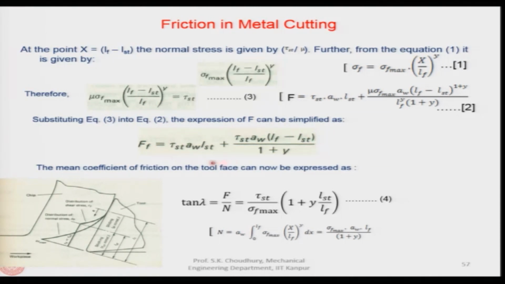So, this value of F we are putting in here, and that we are dividing by the value of N which we have obtained from here. So, this will give you the tau st divided by sigma f max and 1 plus y LST by LF, if we divide this by this.